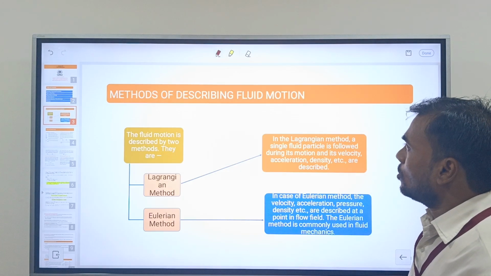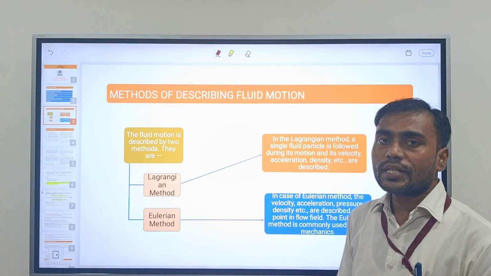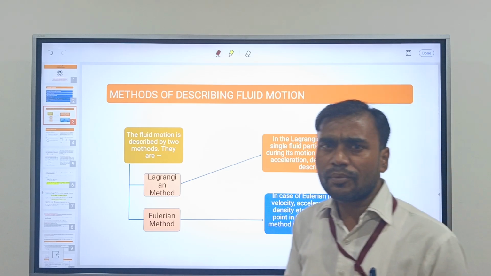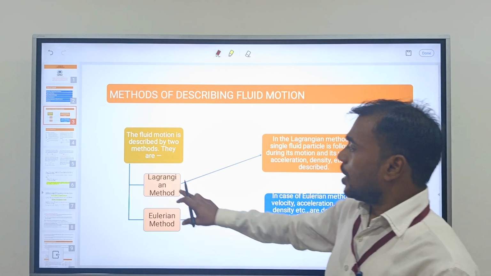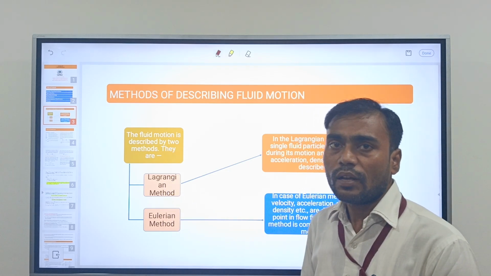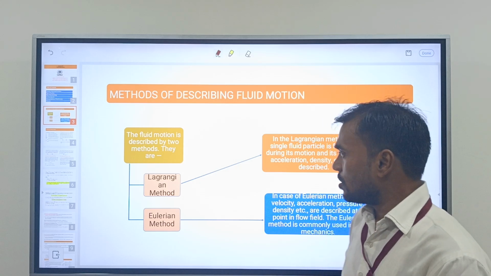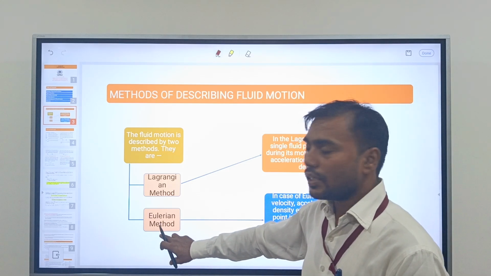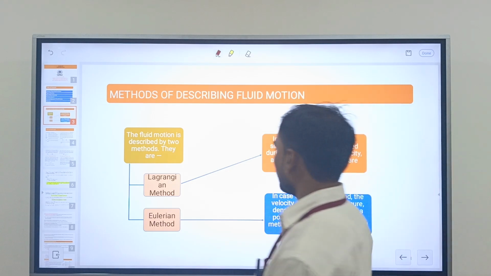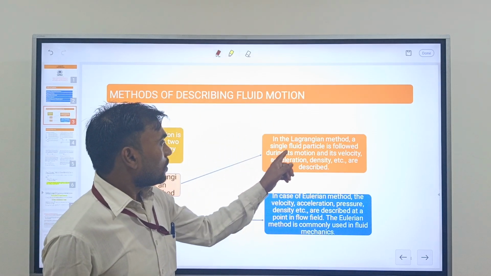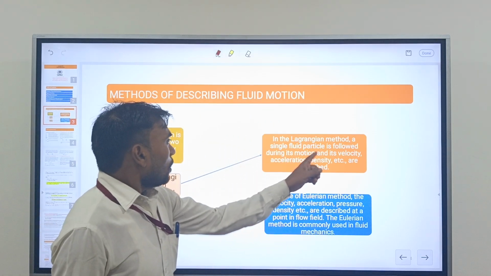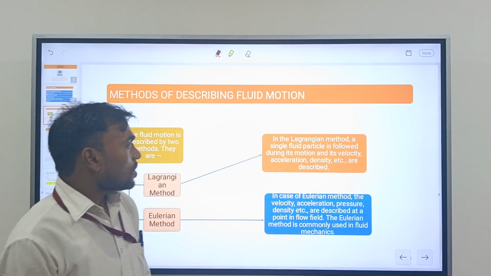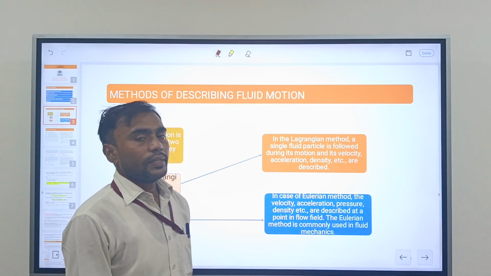So, what are the methods for describing a fluid motion? Based on the review of literature, there are two general methods used for describing fluid motion. First is Lagrange's method, and second is the Eulerian method. In Lagrange's method, a single fluid particle is followed during its motion, and its velocity, acceleration, density, etc. are described.